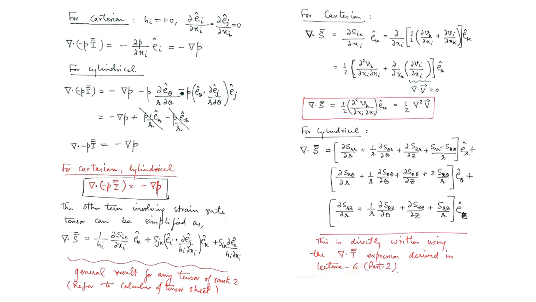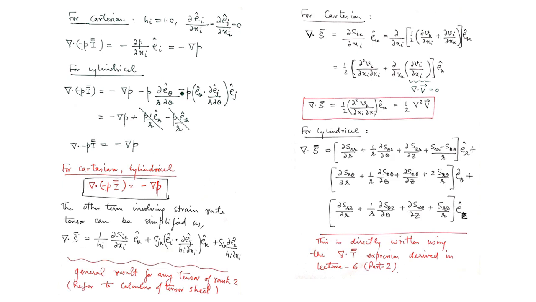So del dot S, again I write it directly using the expression for the divergence of a general tensor of second rank that I derived in lecture 6 part 2 for cylindrical coordinates. We have seen this result in lecture 6 part 2.